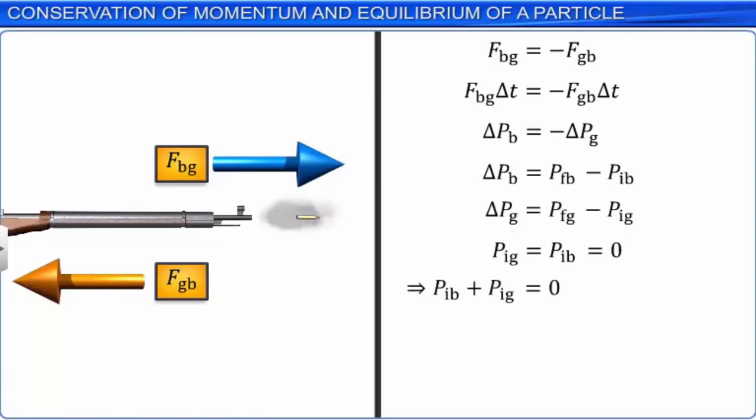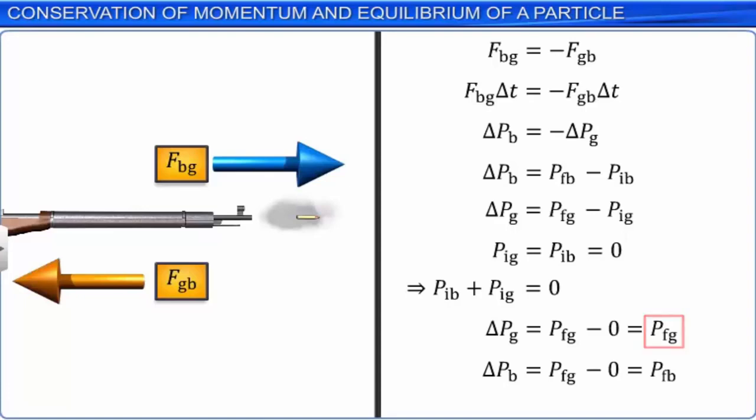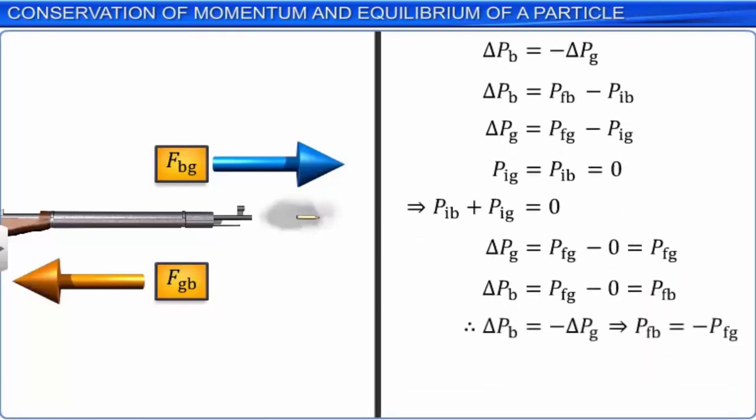As the initial momentum of the gun and the bullet is 0, the change in momentum of the bullet and the gun is equal to their final momentum PFG and PFB respectively. Thus, the forward momentum of the bullet is numerically equal to the backward momentum of the gun, which is taken as negative.